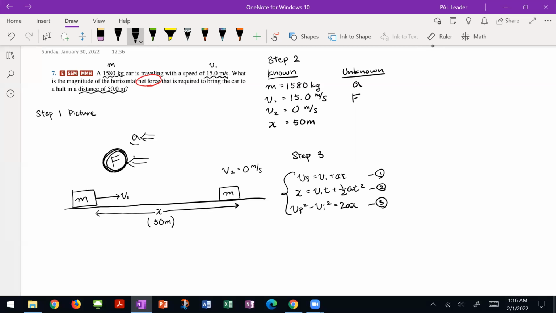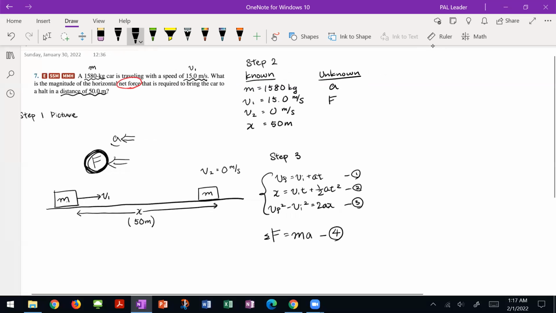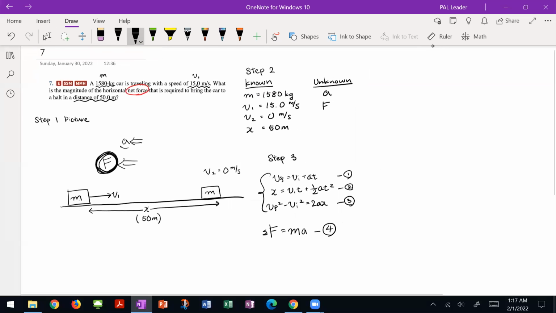And we are asked to find the force. We have the force, mass, and acceleration. That sounds like Newton's law. So these are going to be our equations that we're going to consider. Now let's go on to step 4 of actually solving this problem.